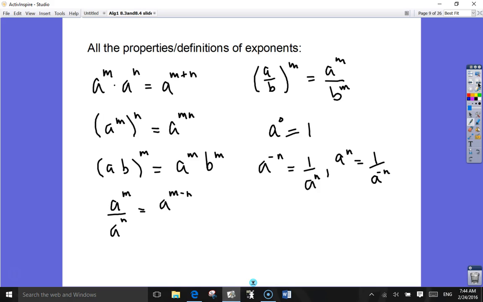You get a little bit of a review of this in Algebra 2, but for the most part, you're just expected to know these properties. We'll use some of them, especially the first couple, when we get to polynomials, which is next, because we'll have to multiply things.